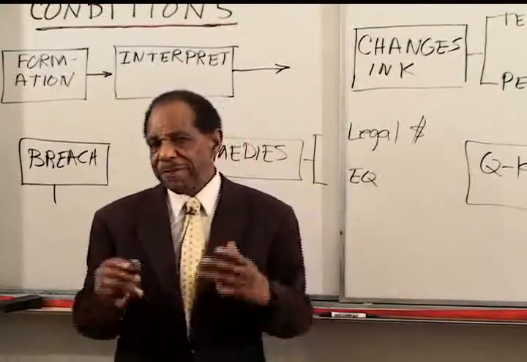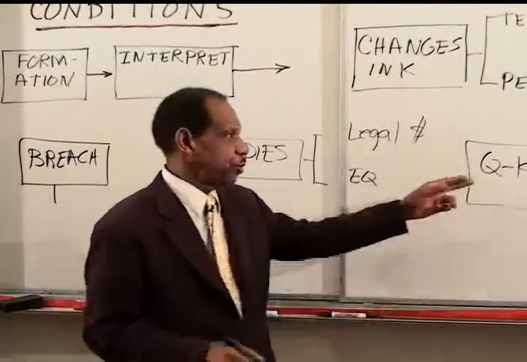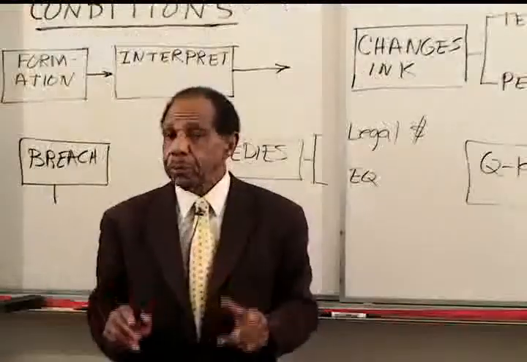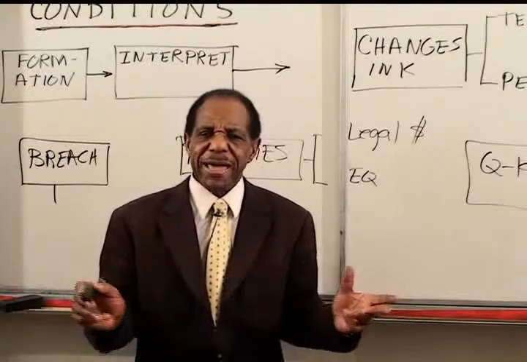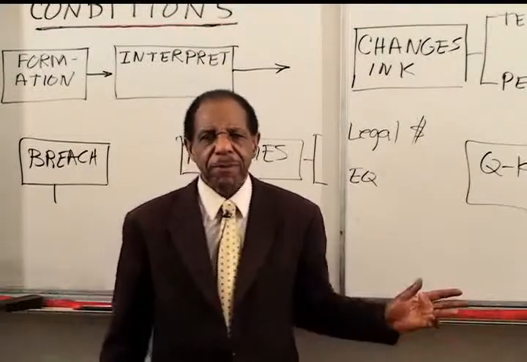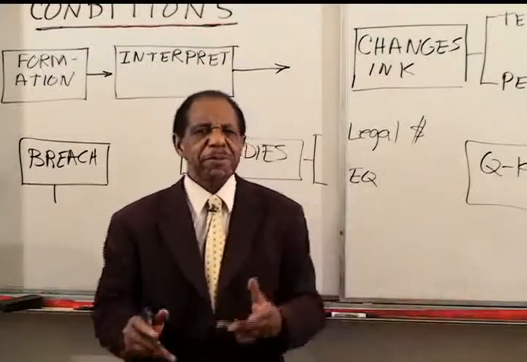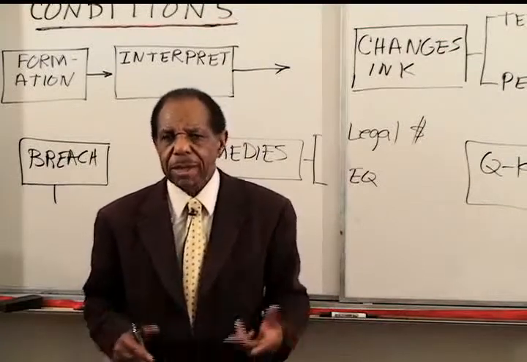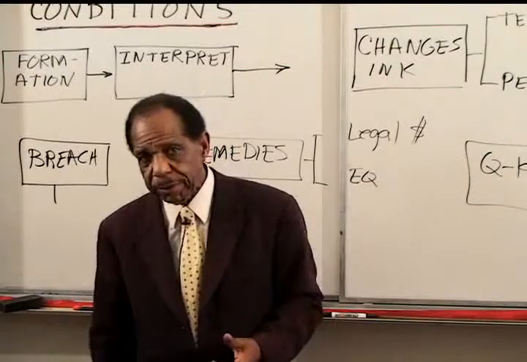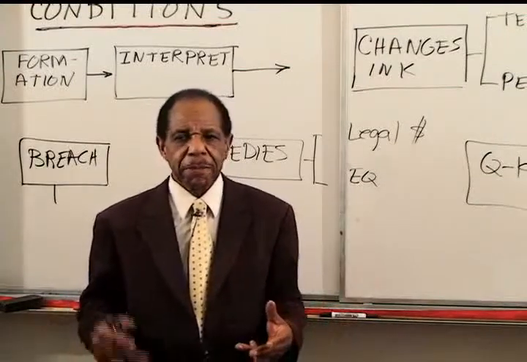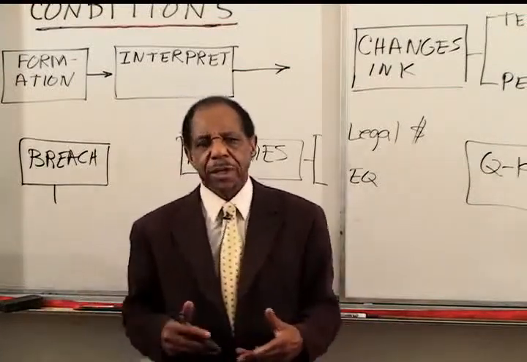So we either never had a contract, in which case you use quasi-contract, or we had a contract, but partway through the contract something happened and the contract got terminated. For example, a contract may be terminated by destruction of the subject matter. I'm supposed to paint your house, and halfway through the paint job your house burns down. Well, I can't finish the paint job, but I get paid quantum meruit for the work that I did, quasi-contract.